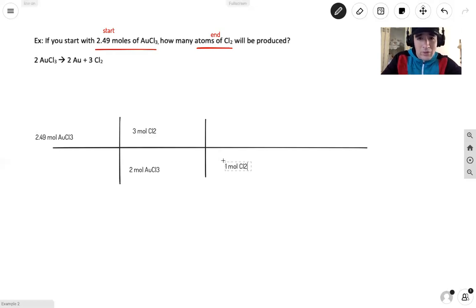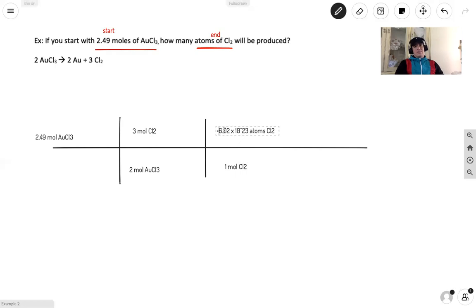So if I have 1 mole of dichlorine, that means I have 6.02 times 10 to the 23rd atoms of dichlorine. I don't know why that dot is there, but it should be a little space there. There we go.